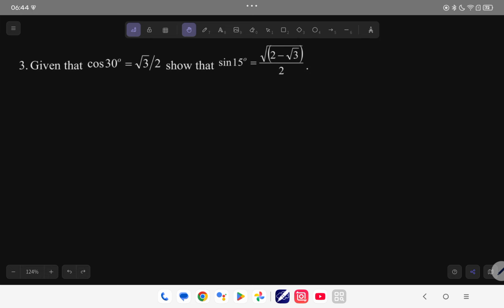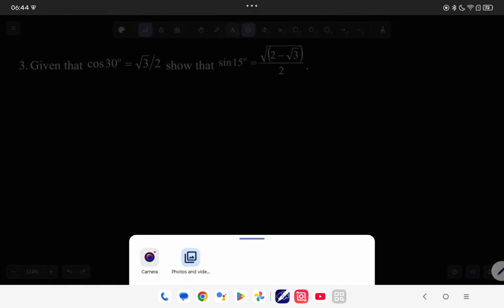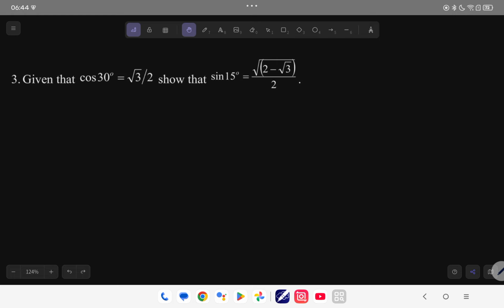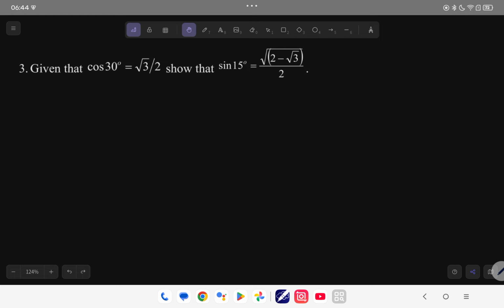Again, once we see this, our mind should run very fast to the common angles, ratios of common angles. And these are 30, 60, 45, 0, 90. Now, we have 30 already here, mentioned cos 30 as root 3 over 2.